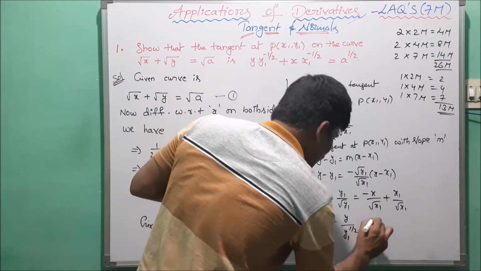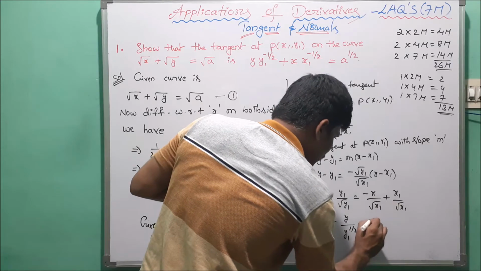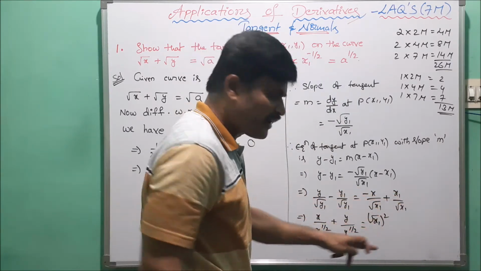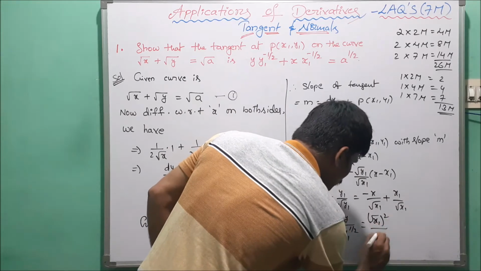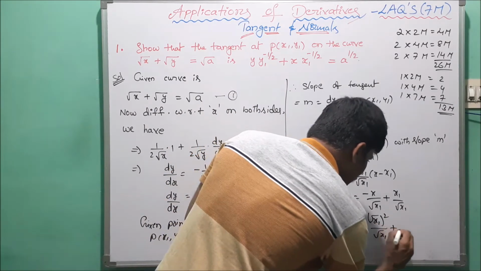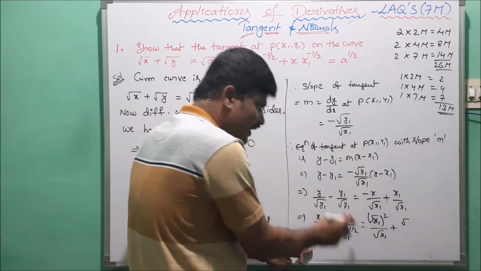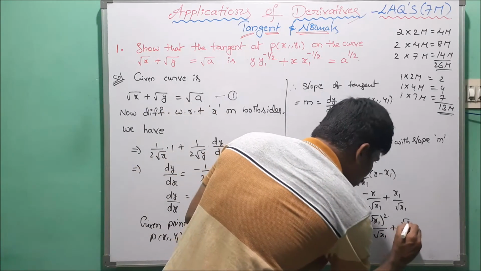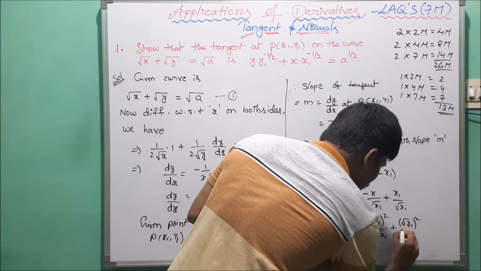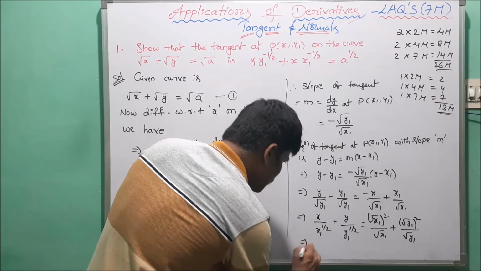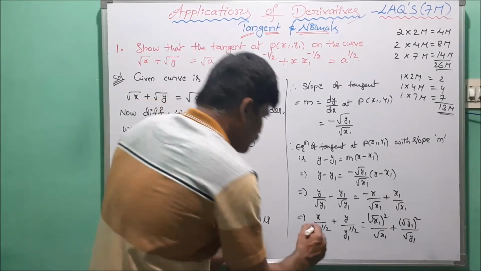Here x1 means root x1 whole square by root x1, and y1 can be written as root y1 whole square by root y1.